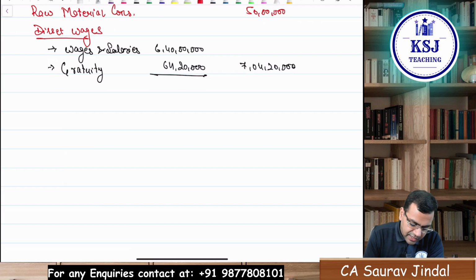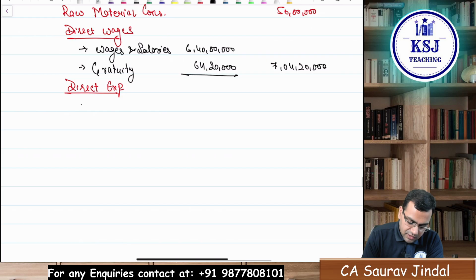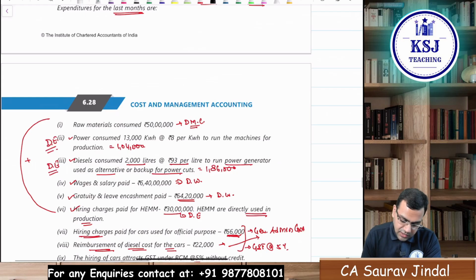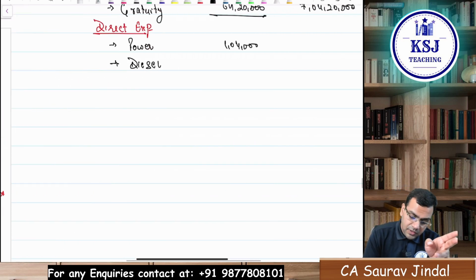Then we will take here direct expenses. Now what all will be included in the direct expenses? One will be your power cost of 1,04,000. Then you have your diesel cost of 1,86,000. Fine, sir.